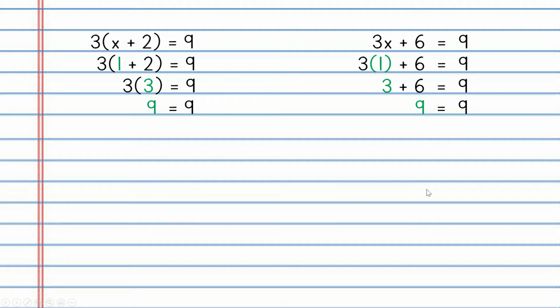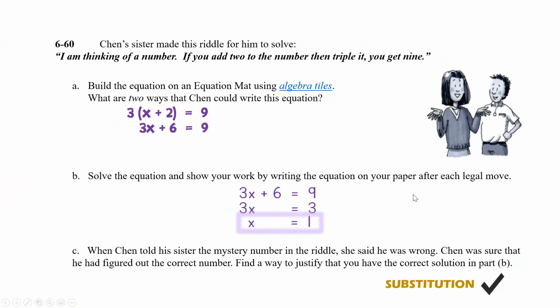So since we ended up with true statements, two expressions that are equal to each other, that means our solution of x is equal to 1 is correct, because that was the magic number that we had to plug in here to make this side equal to 9 as well. All right, so that was how he justified his solution. We have the correct solution. We used substitution, x is equal to 1.